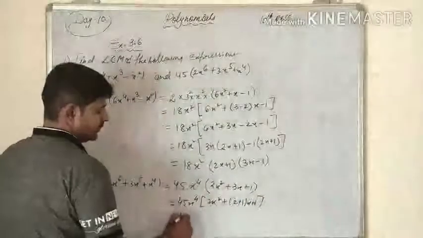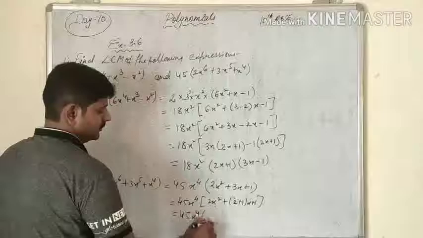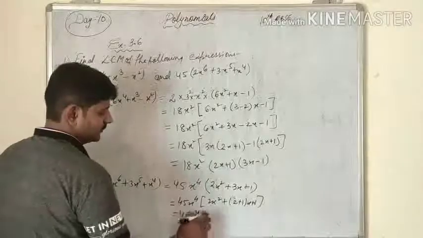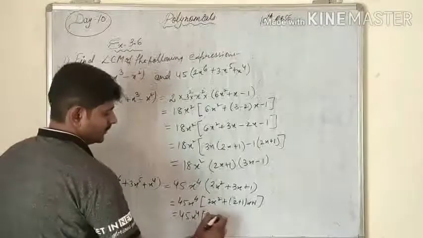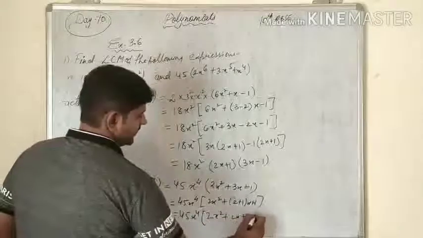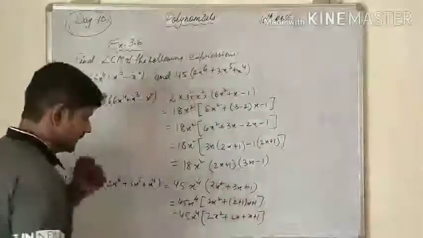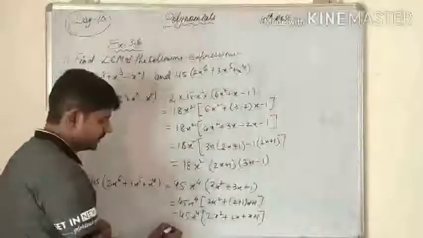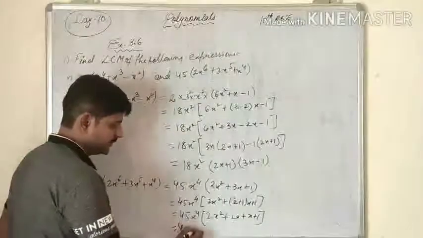It can be solved: 2x square plus 2x plus x plus 1. So we will take here 45x raised to 4.